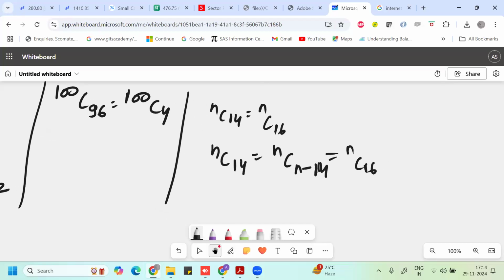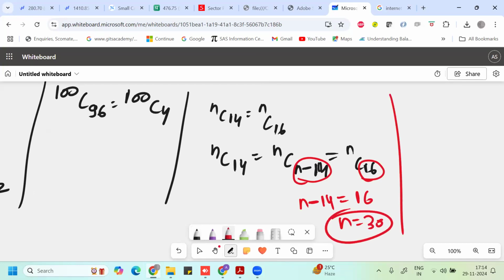That means n minus 14 is equal to 16, so n is equal to 30. That means 30C14 is equal to 30C16. Are you getting this?